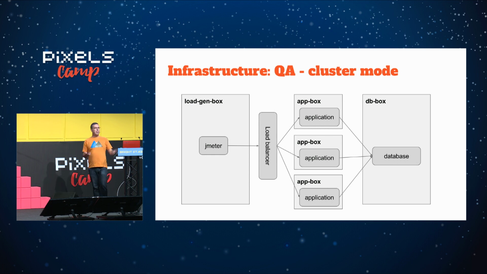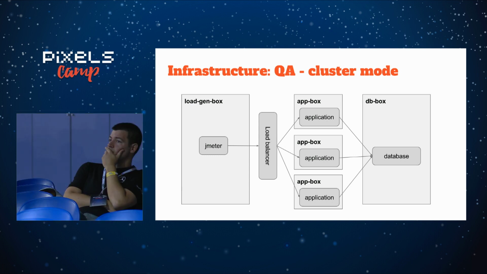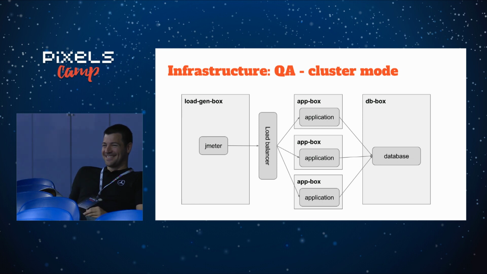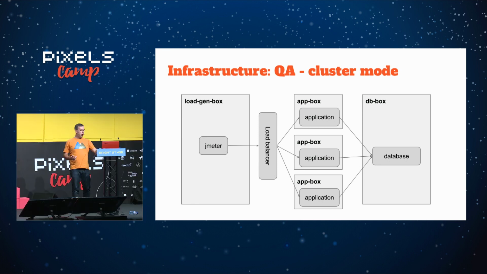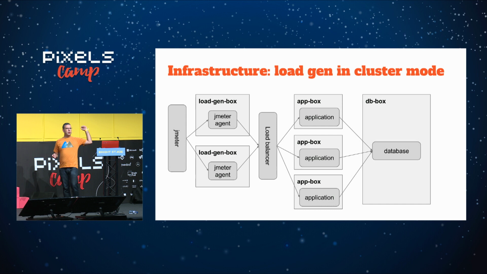But you can come to a point where a single box does not generate enough load for you to saturate the system. So you will probably need to scale the load generation too, with multiple boxes generating load to be handled by the network and the load balancer.